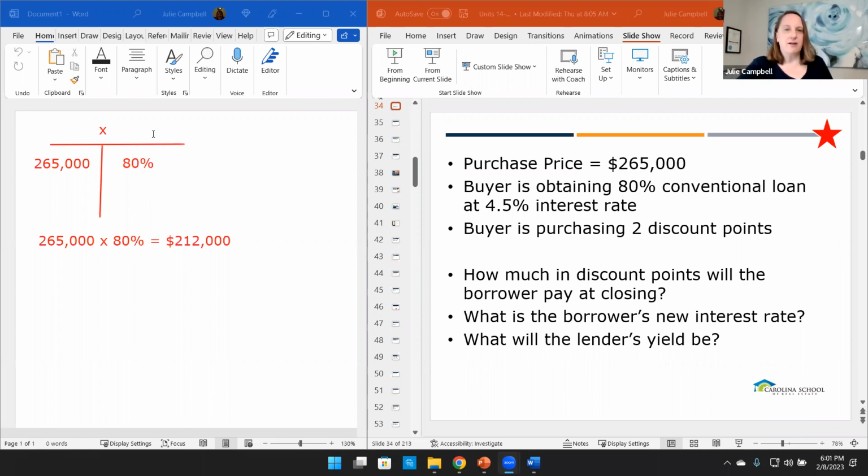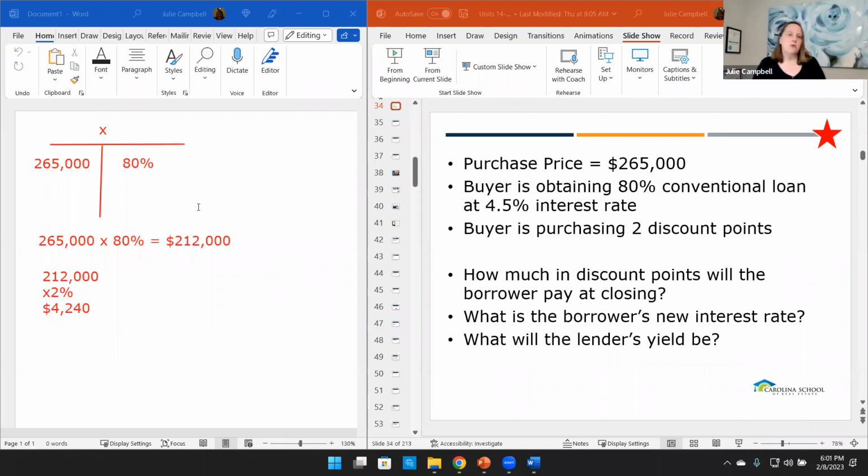So I have my loan amount of 212,000. They're buying 2 discount points, which equates to 2% of the loan. So we have our loan amount of 212,000 times 2%, which means at closing, in addition to their down payment, they're going to bring $4,240.